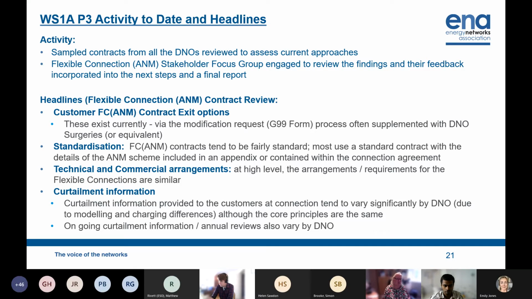Post-connection, once operational, the information that's provided and the annual reviews also vary quite a lot by DNO. On those activities, we're working with product 9, which is curtailment information, and they will take on board that information and build it into their plans.